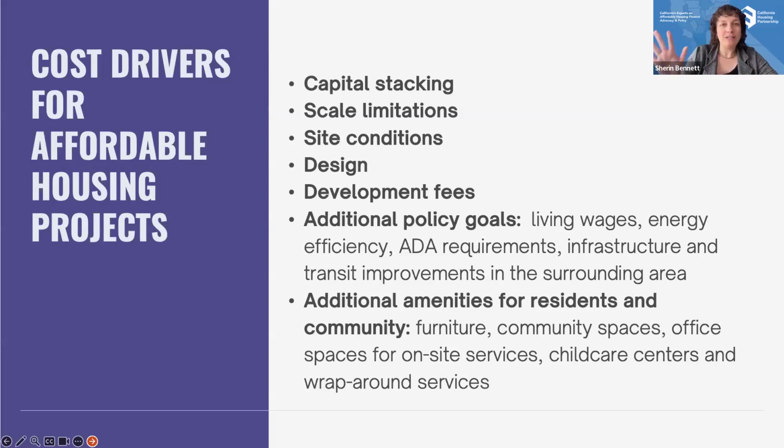All these public funding sources have programmatic caps, whether it will only provide a certain amount of money per unit or a certain amount of money per development. So if a state resource is going to be capped out at $20 million, as a developer, when you're working out your feasibility, you're not going to propose a $90 million development because you can't stack up enough resources to get to that. As a result, you build a smaller building than perhaps could be held on that land.